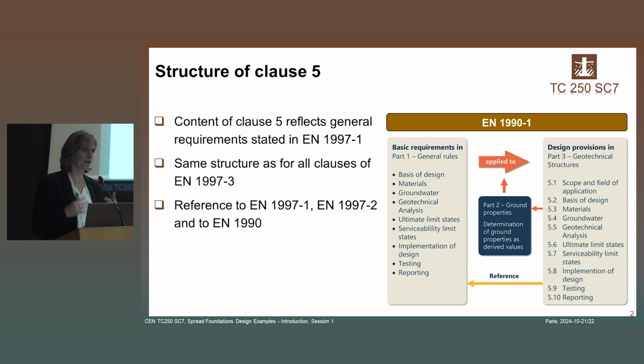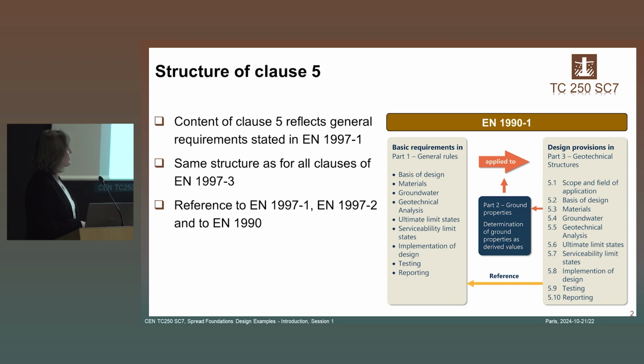So we concentrate now on part 3, on this clause 5, spread foundations. And as you heard in the previous talks by Gunilla and Loretta, there's a very simple and clear structure of all the parts and clauses in part 3, with a lot of references, not only to EN 1990, but also to part 1 and part 2.